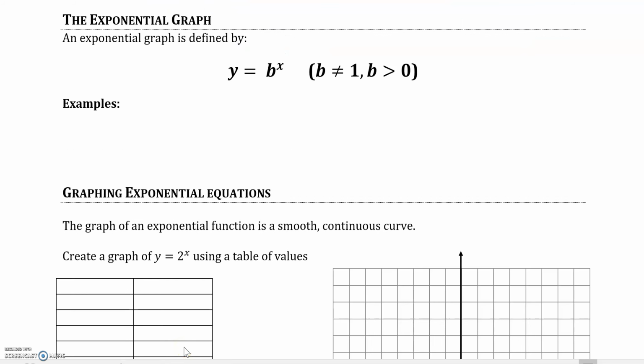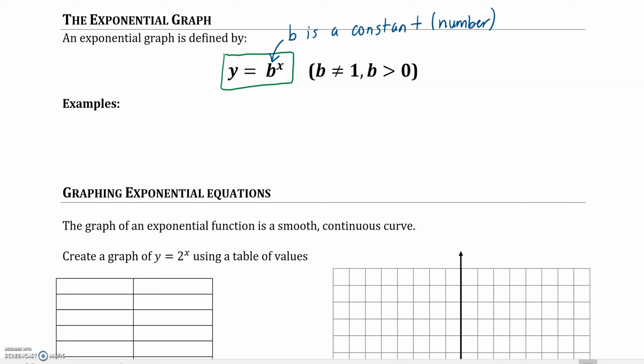The general form of our exponential equation is as follows. We have y is equal to b to the power of x, where b is a constant. A constant is simply a number that does not change, whereas x is our variable, and notice it is in the exponent.